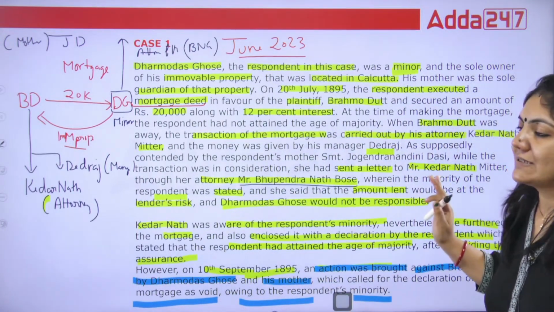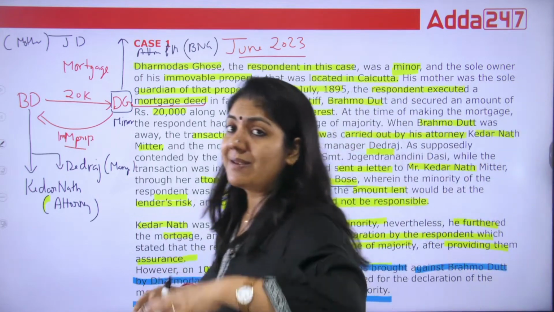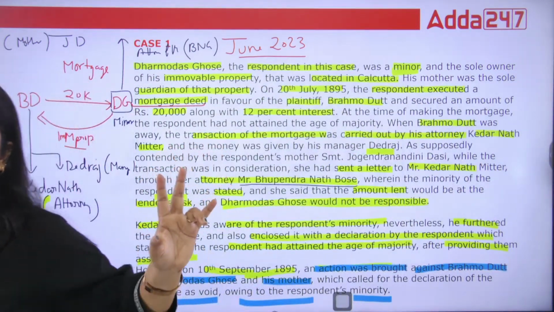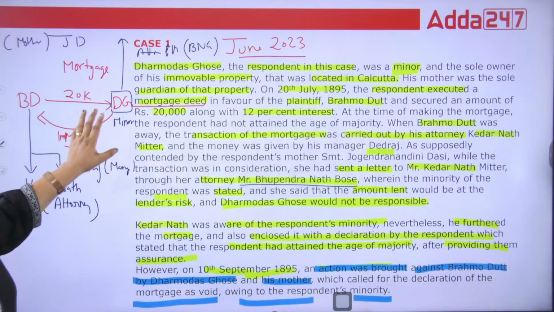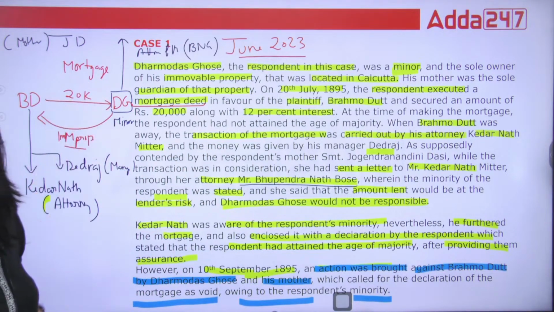So tell me, class, in this case, the case may be lengthy, but the concept is very clear. You have to tell me whether the contract done by a minor is valid or not. And this is a very famous case of your BRBL subject. Just read the sentence and tell me the right answer.